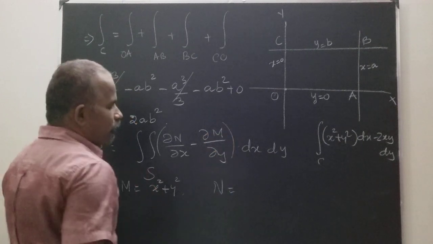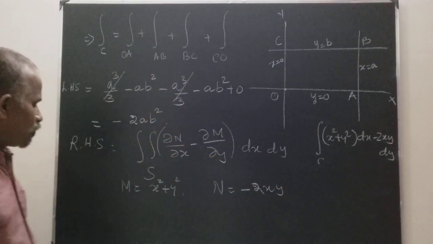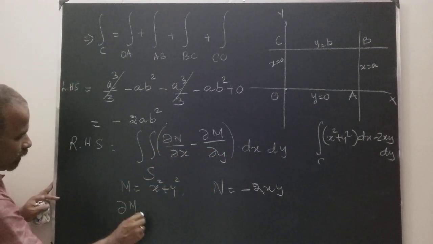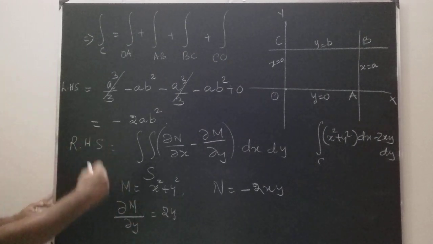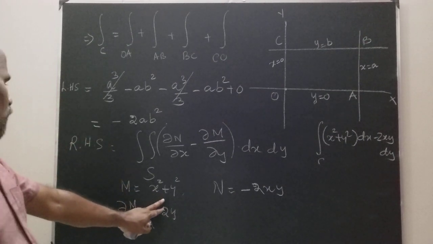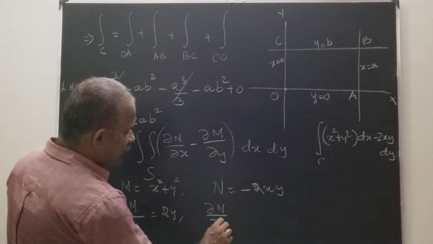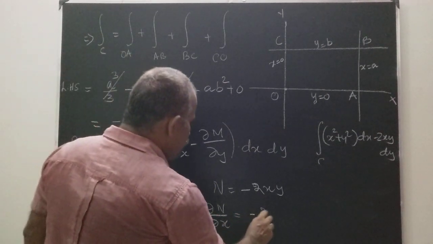N is equal to minus 2xy. Therefore dou M by dou y is equal to 2y. Dou N by dou x is equal to minus 2y.